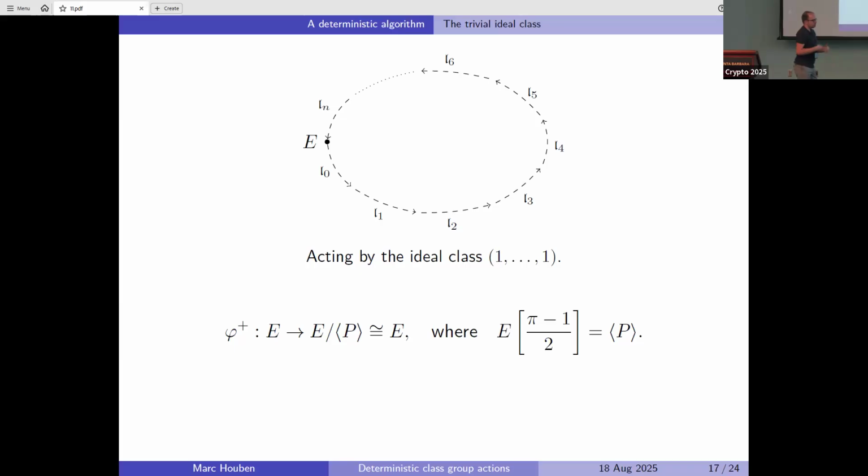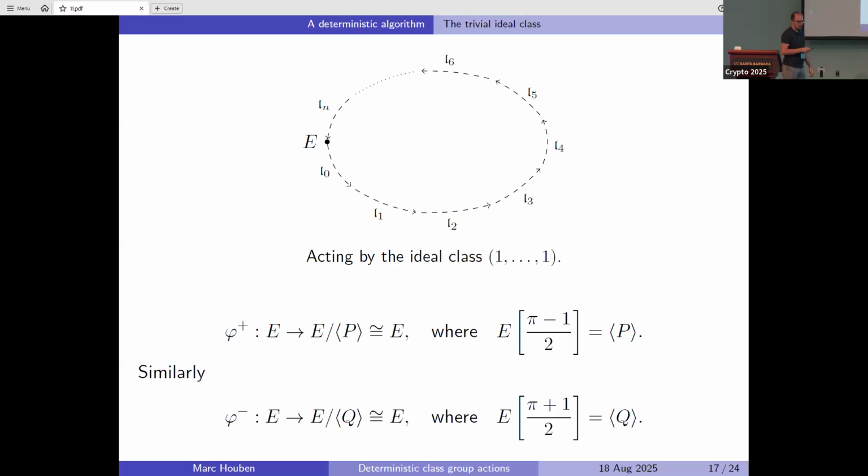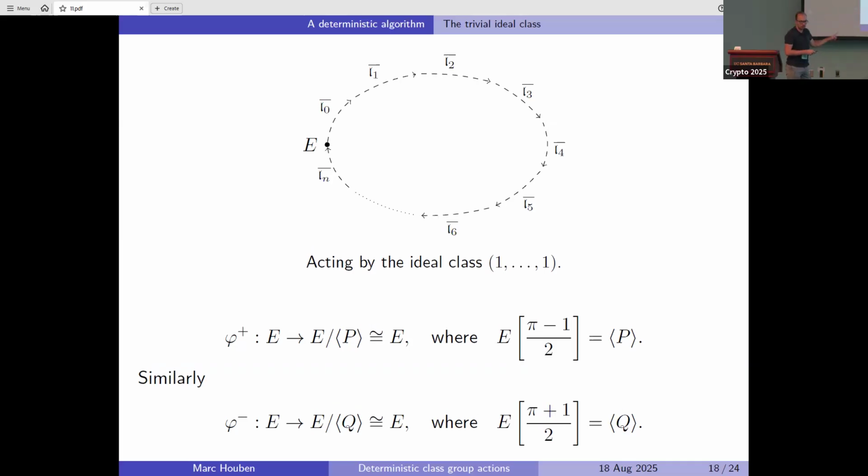So we can express this using the kernel. We can take one of these full order points, as we call them, and apparently the quotient doesn't do anything. It corresponds to the endomorphism (π minus 1) over 2. And we can do the same thing going the other way. So we have one isogeny going clockwise and one going counterclockwise.